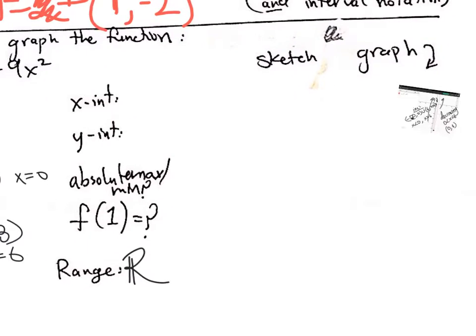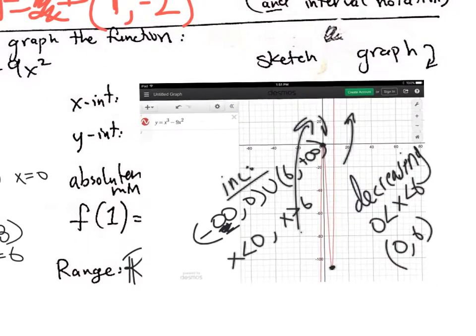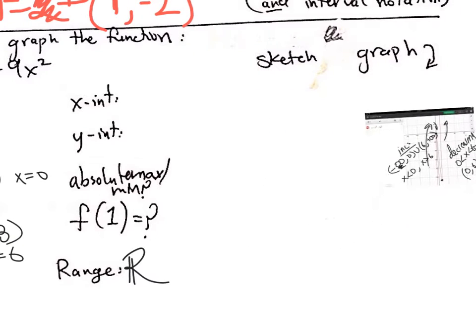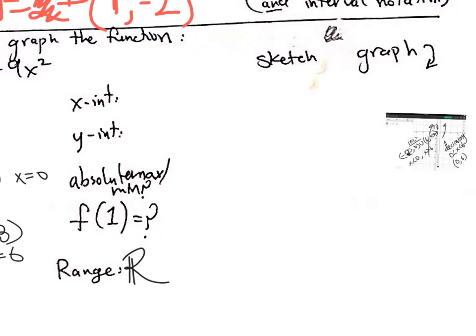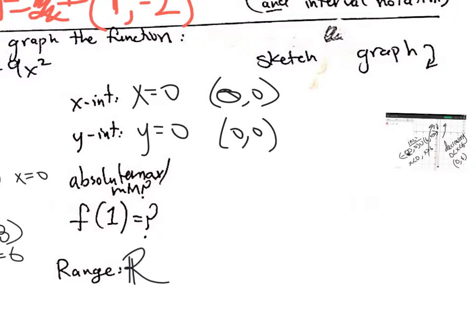X-intercept and y-intercept, let's see if we can look back at our graph. So it looks like the x-intercept and y-intercept in this example as well end up being x equals 0 and y equals 0. We could also list the coordinates of the points, which is the same, it's just the origin in this example.